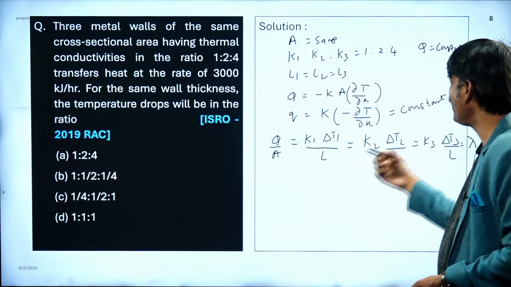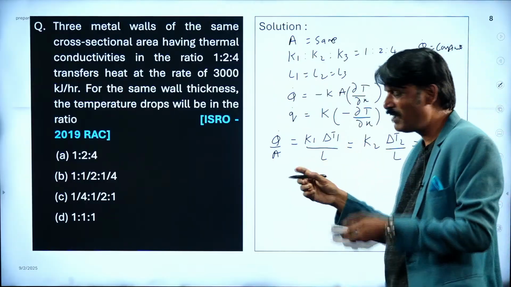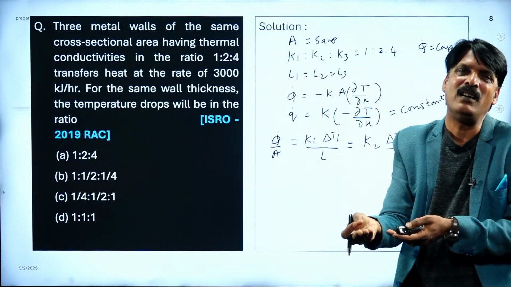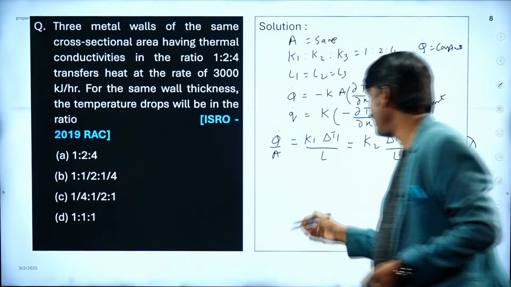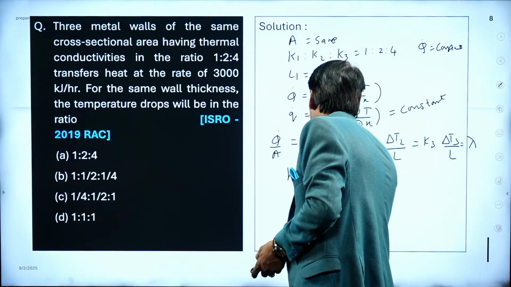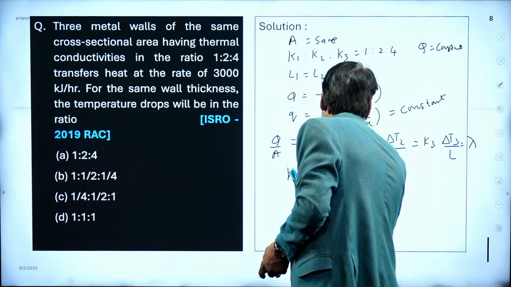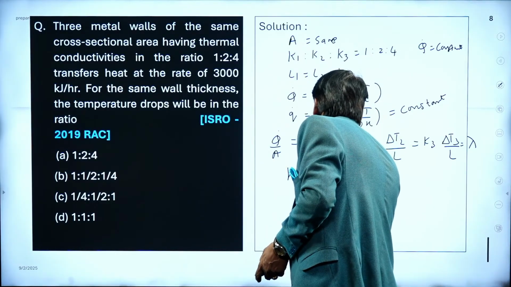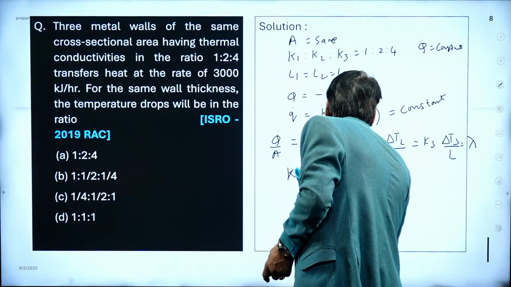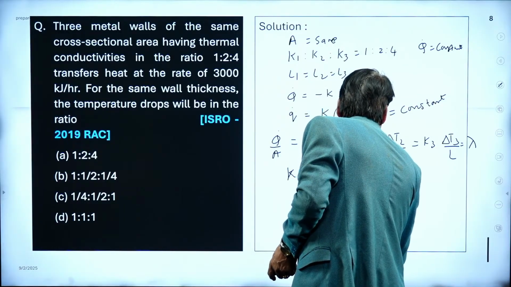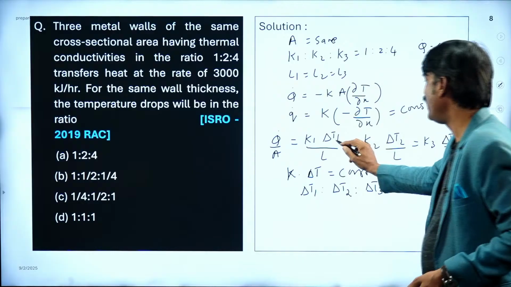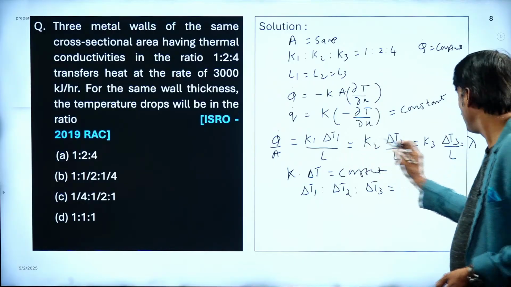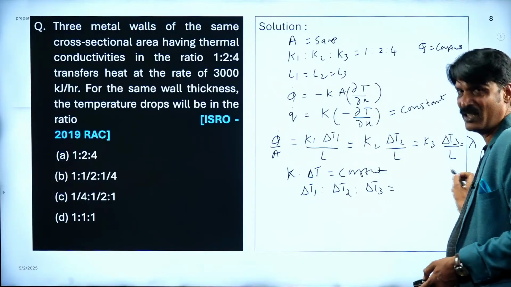As thickness is also the same, thermal conductivity into temperature drop remains constant. So K into delta T is constant. Hence, delta T1 is to delta T2 is to delta T3, because delta T1 I can write as lambda divided by K1.